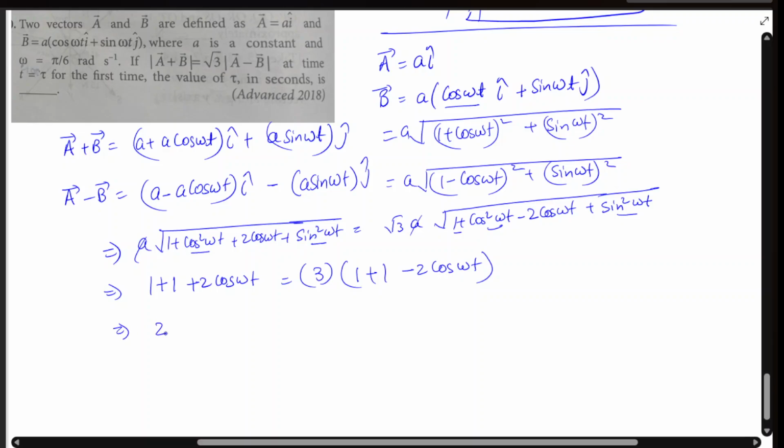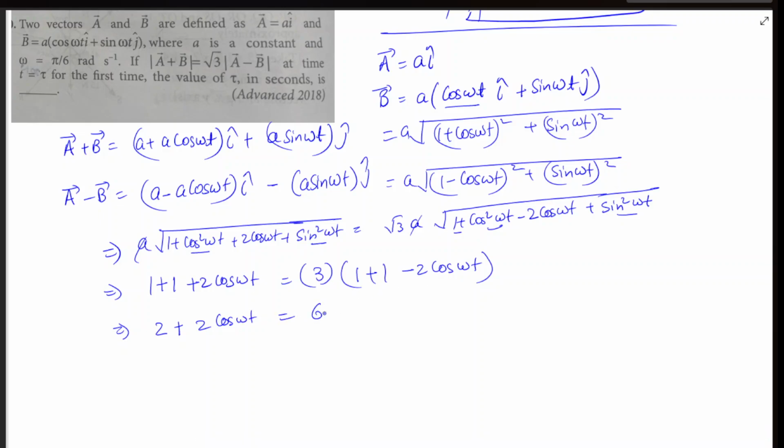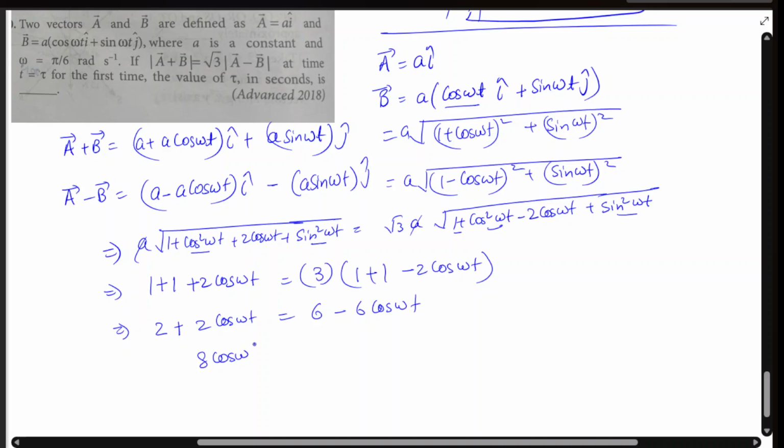So this gives 2 plus 2 cos omega t is equal to 3 times 2 minus 6 cos omega t. 6 cos omega t comes here with the plus, so 8 cos omega t, and this comes here, so this is 4. So cos omega t will be 1 by 2, right?